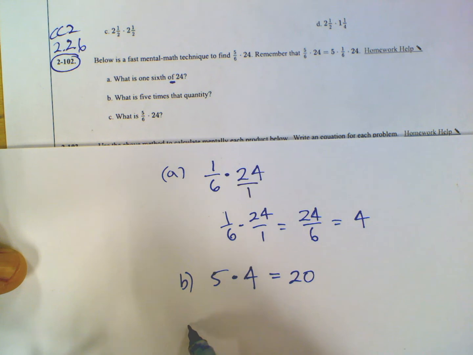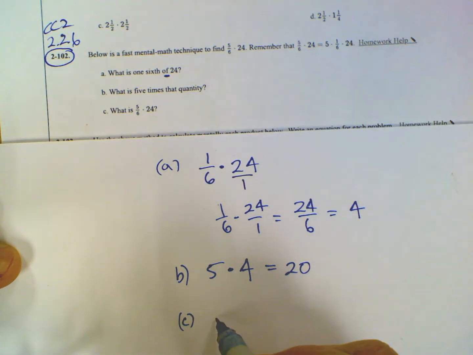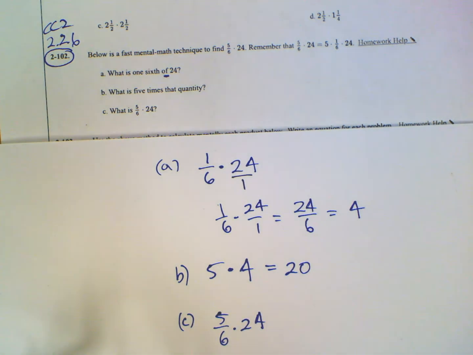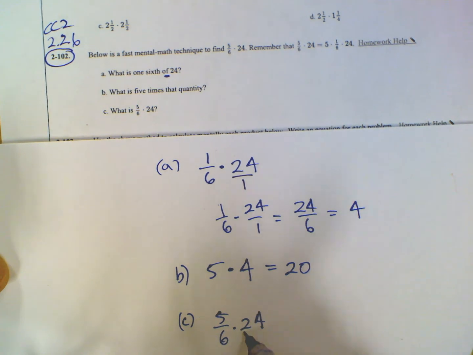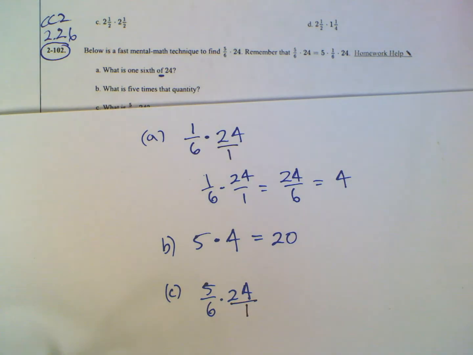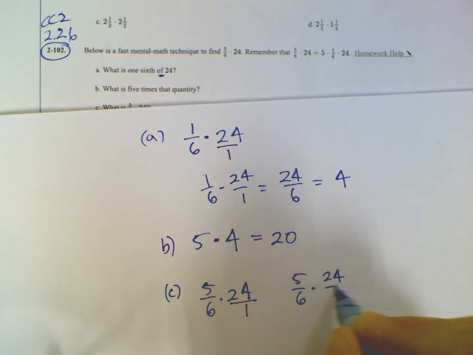So then in C, they want to know, what is 5/6 times 24? If we were going to look at this as is, you take the 24, as we do. When we take a whole number times a fraction, we put the whole number over 1, and then we just multiply straight across. So this is the same thing as 5/6 times 24 over 1.